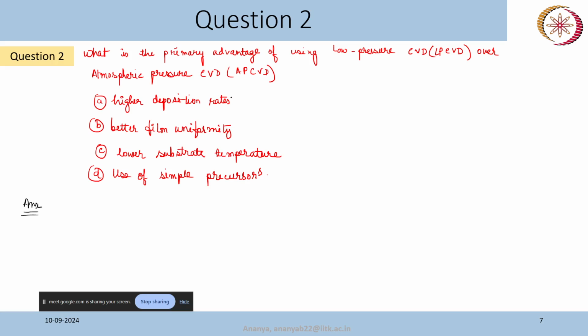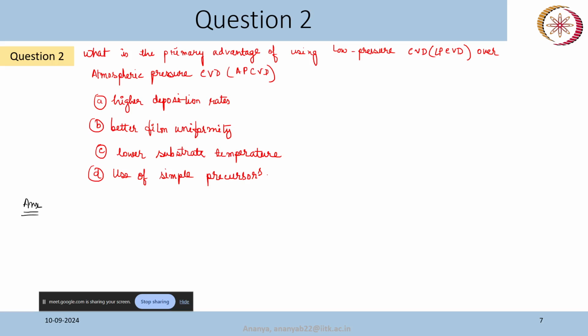So deposition rate is typically high in case of APCVD because it is done at atmospheric pressure. In LPCVD we flow a very small amount of gas, but that gives us better film uniformity or better film quality in case of LPCVD.